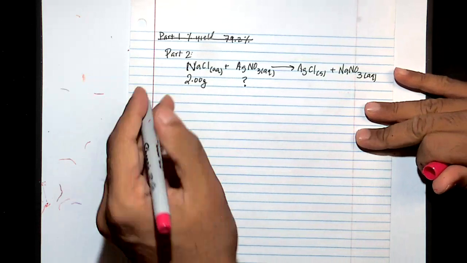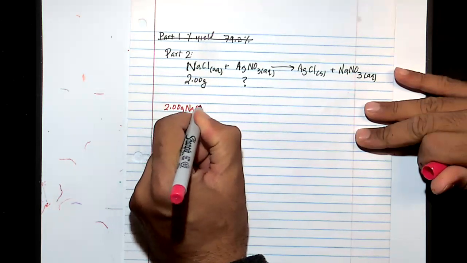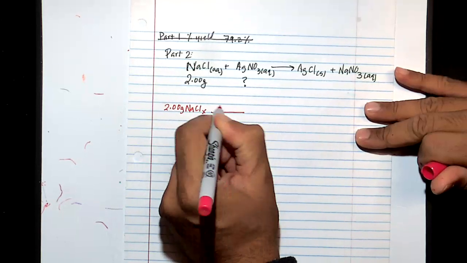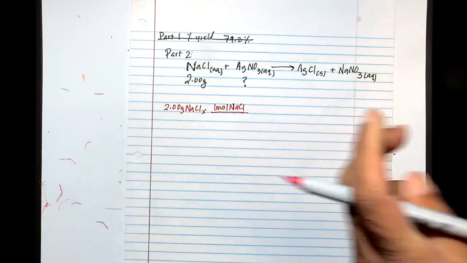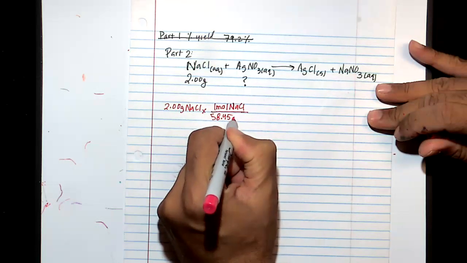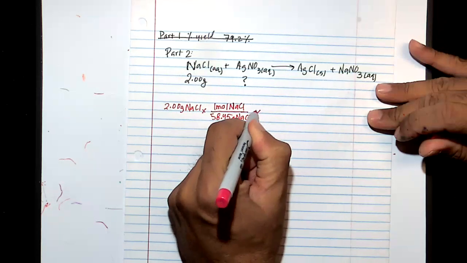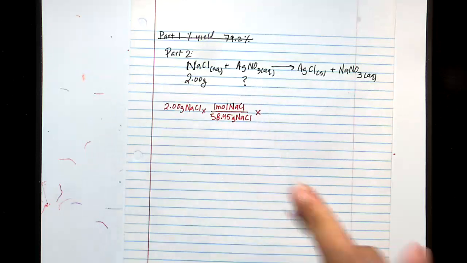So you're going to start out with 2 grams of NaCl, and we're going to convert it to moles. 1 mole of NaCl has how many grams? It has 58.45 grams of NaCl. How many moles of NaCl react with how many moles of AgNO3?